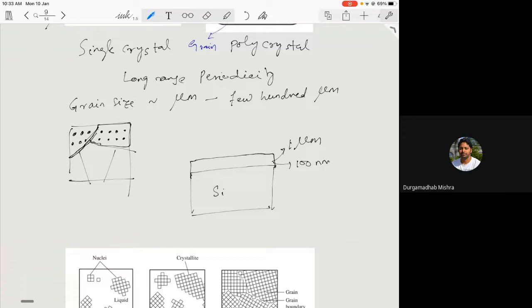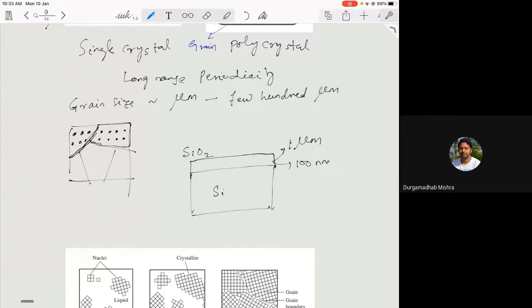When you grow this thin layer, typically this is a different material. A very good example is you can grow thin silicon dioxide on silicon, and silicon dioxide and silicon will have different lattice parameters.